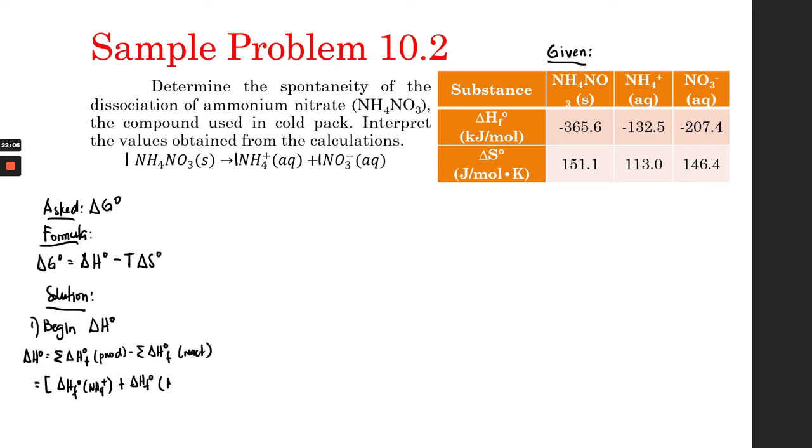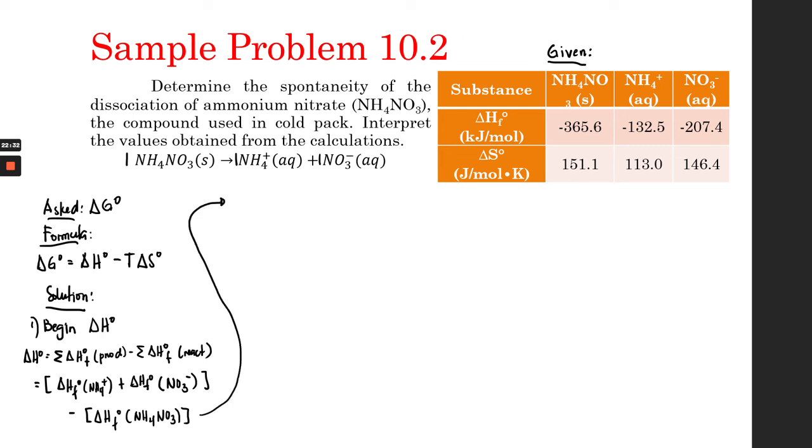You have NO3, which is nitrate, and then minus, you have your reactant, which is ammonium nitrate, so you have the delta H of formation for ammonium nitrate, NH4NO3.